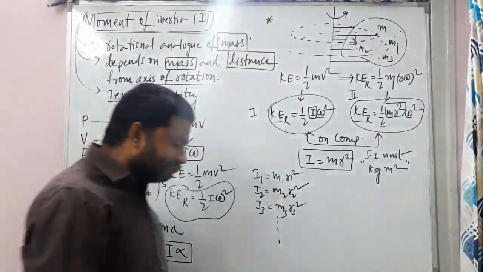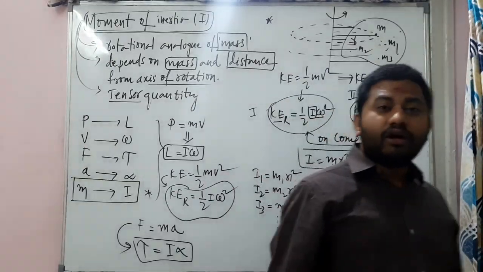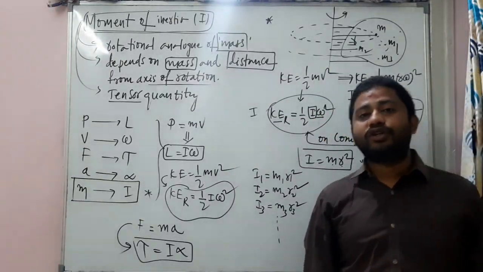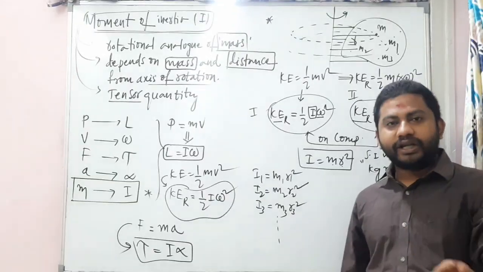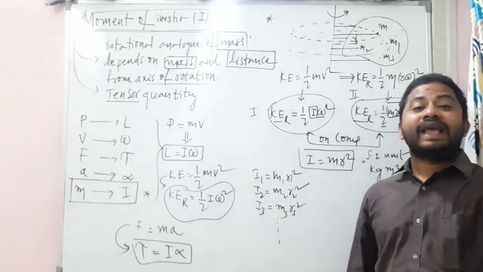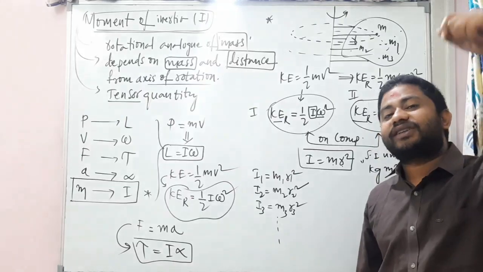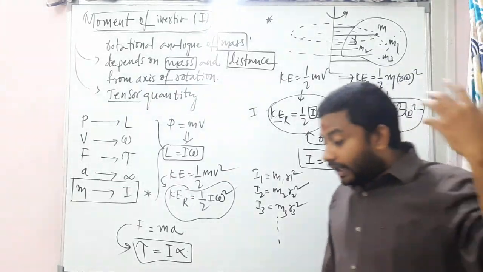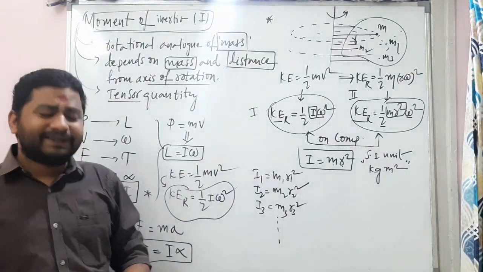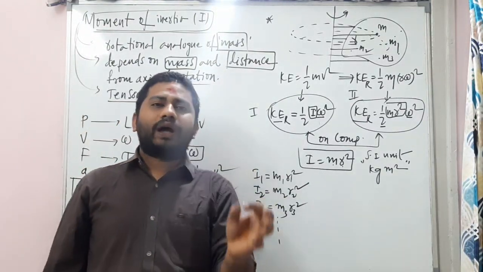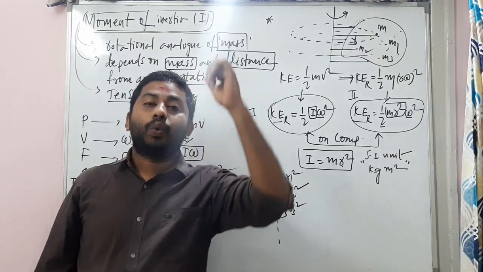And very important, we should not simply say moment of inertia. We must say the moment of inertia of a body or of a mass about which axis of rotation. Like in the work, energy, power chapter, my dear students, we have learned we cannot simply say work done, we must say work done by what force.